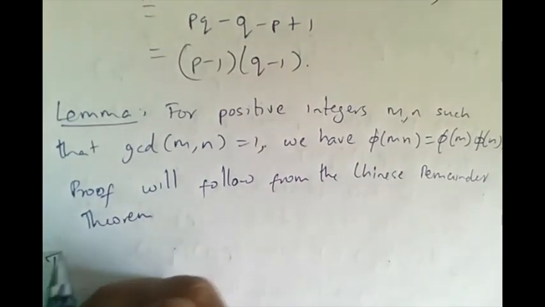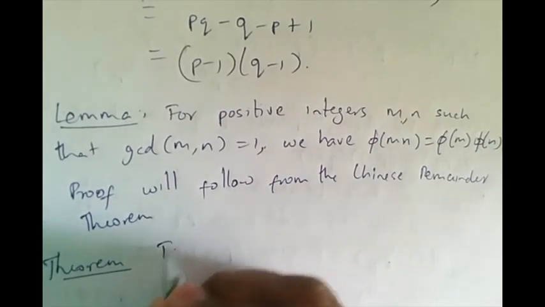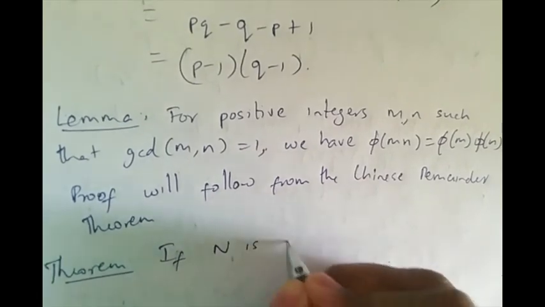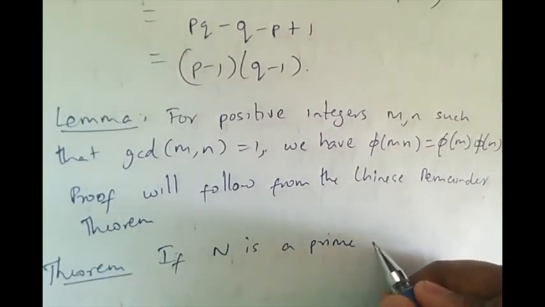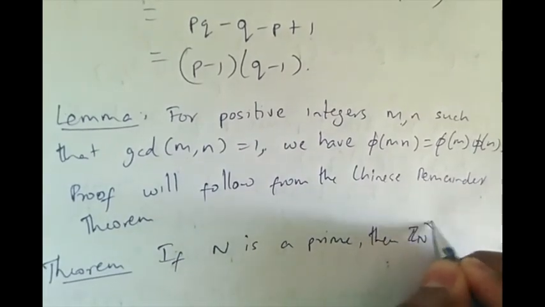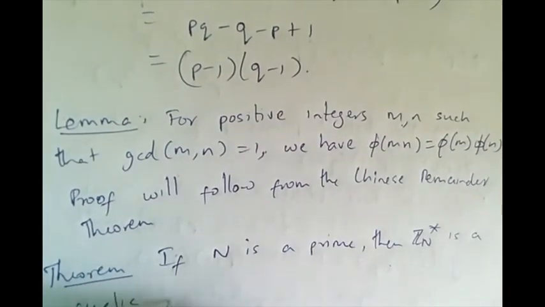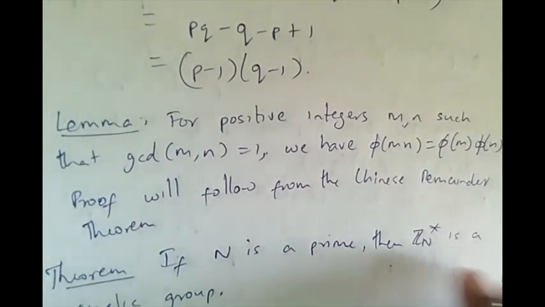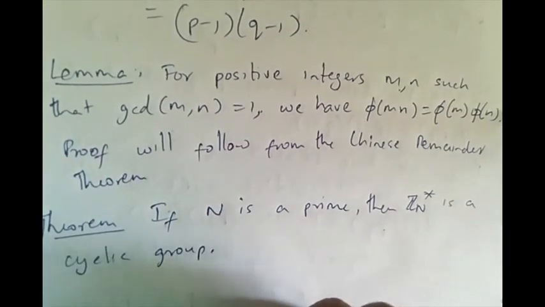Another theorem which we won't be proving is this. If n is a prime, then Zn star is a cyclic group. Zn star is a group under multiplication modulo n.